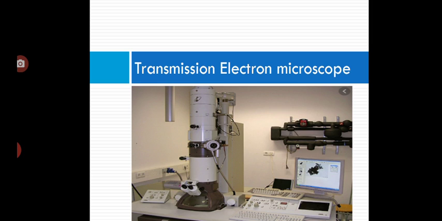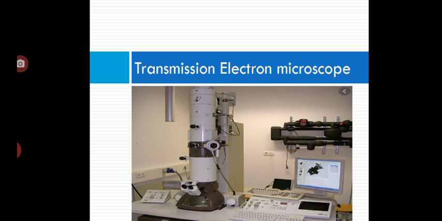Optional objective apertures can be used to enhance the contrast by blocking out high-angle diffracted electrons. The image then passes down the column through the intermediate and projector lenses, and is enlarged all the way.